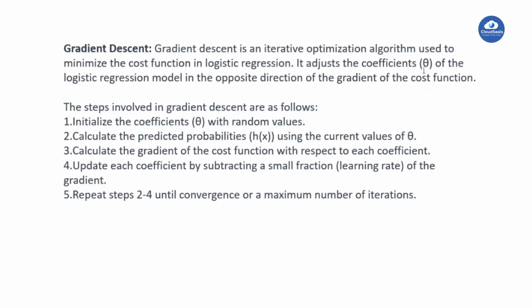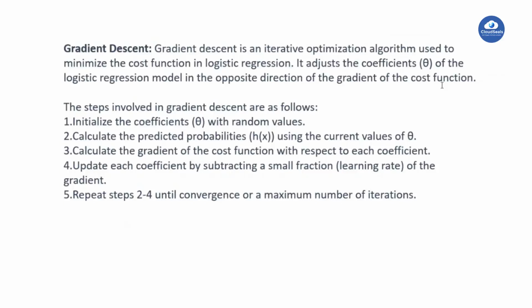By changing coefficients, the logistic regression model moves in the opposite direction of the gradient of the cost function. For example, if the coefficients move in this way and the cost function increases, we modify the coefficients in the opposite direction.